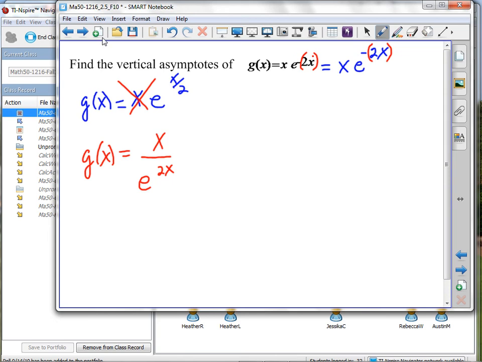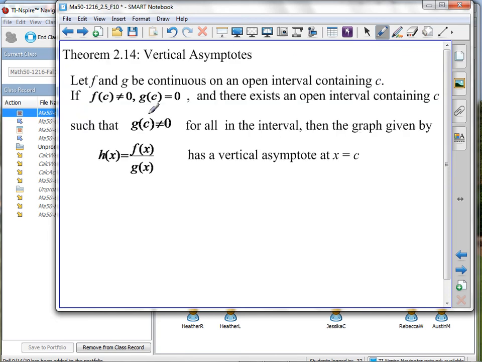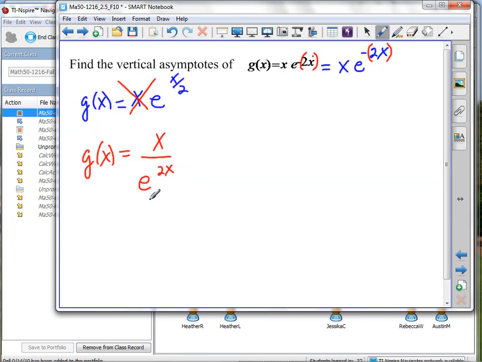Now the question is, the problem we have over here is that g of c equals 0. Let's go with that premise. In this case, our g of c is the denominator. Could our denominator ever be 0? So that's the first question we have. Could e to the 2x equal 0? If it does, then we have a slight problem because we'd end up with a 0 denominator.